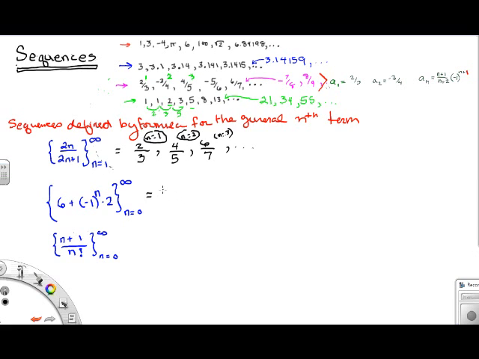That's going to be 1, exactly. So that first term, the 0th term, is going to be 6 plus 2, which of course is what? 8, right? The first term then is going to be what? Well, when I plug in 1, I get negative 1 to the 1, which is negative. I get 6 minus 2, which of course is 4.